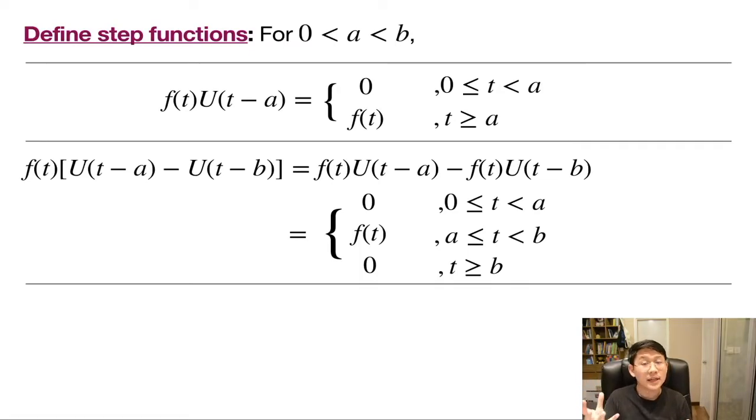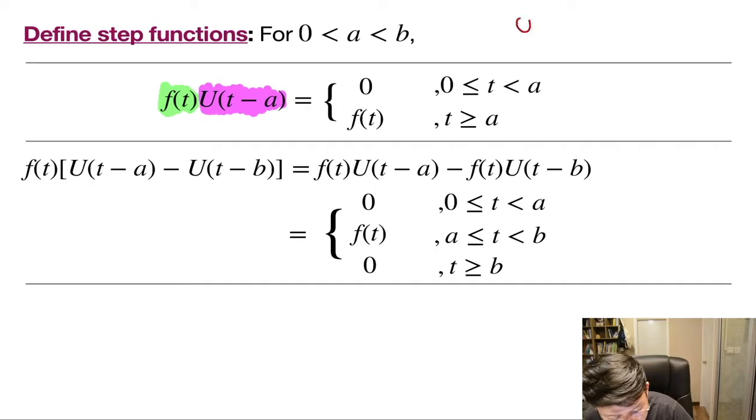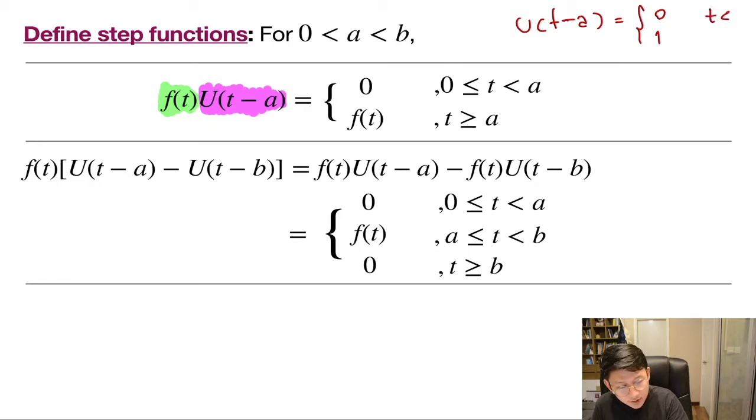You have u(t-a), right? u(t-a) is 1 when t is greater than or equal to a. And if you multiply this u(t-a) by f(t), usually u(t-a) is 0 here when t is less than a, and 1 here when t is bigger than a.